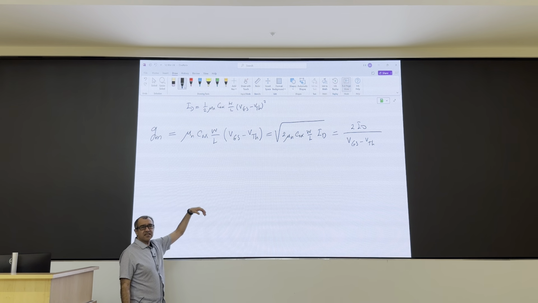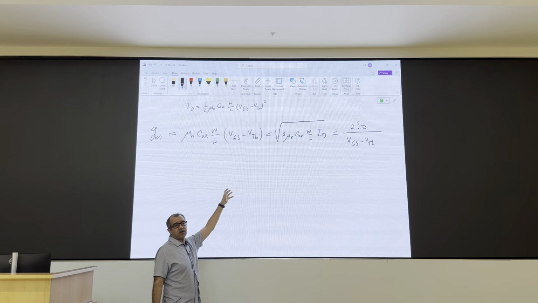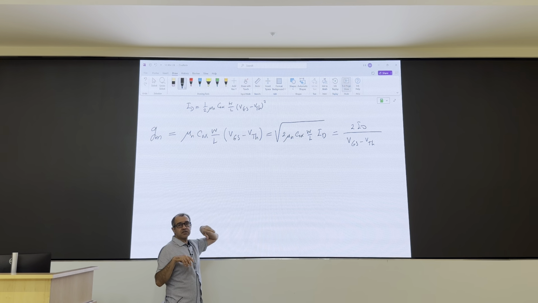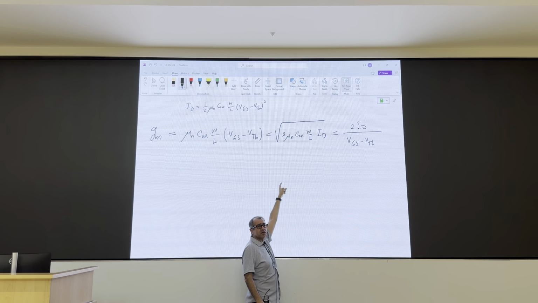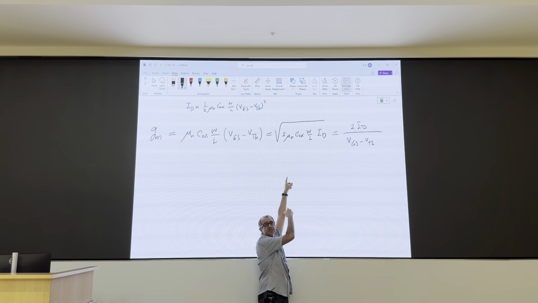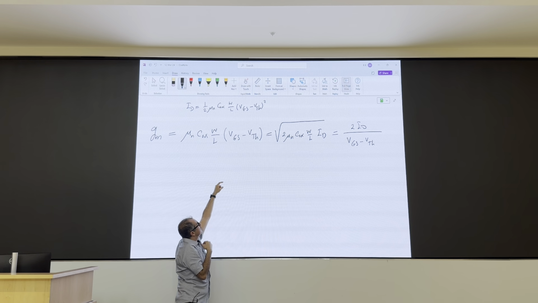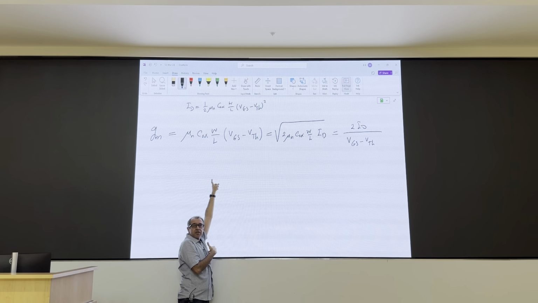In a lot of cases, you go and design your circuit. When you're designing your circuit and you're shooting for some GM, you usually know what your ID is. So I can use the second formula to find my GM. But if you're analyzing a circuit, maybe the first one is easier, because when we are analyzing circuits, you usually find voltages and then currents.